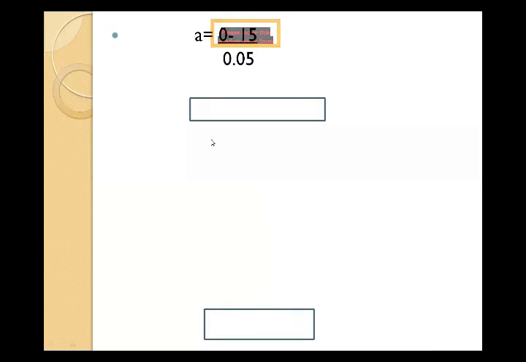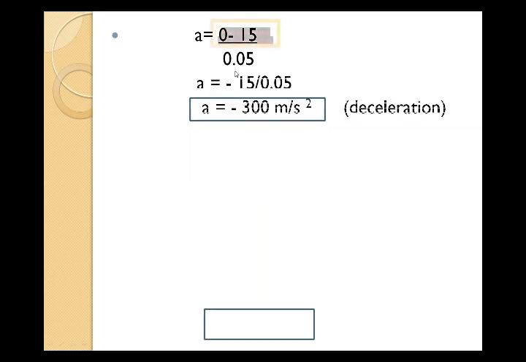By putting the values, we will find that minus 15 is divided by 0.05. And after solving these values, the answer is minus 300 meter per second square. And remember students that you can see that we have a negative sign in the answer. This negative sign shows that the acceleration is deceleration.